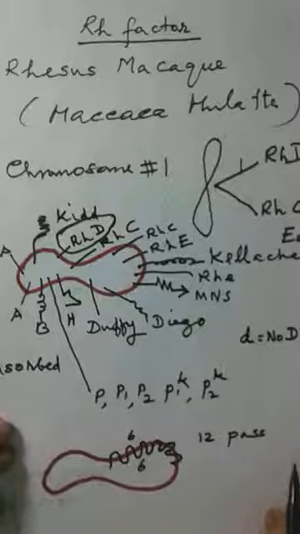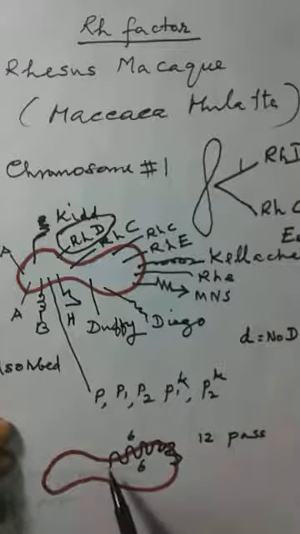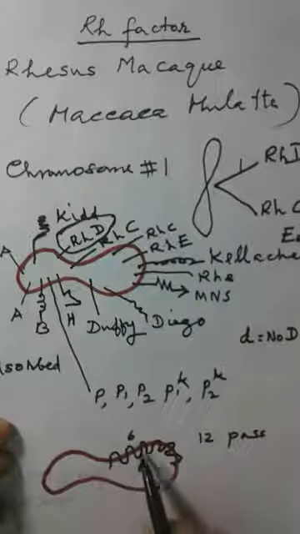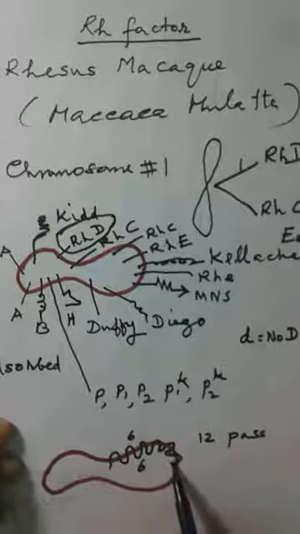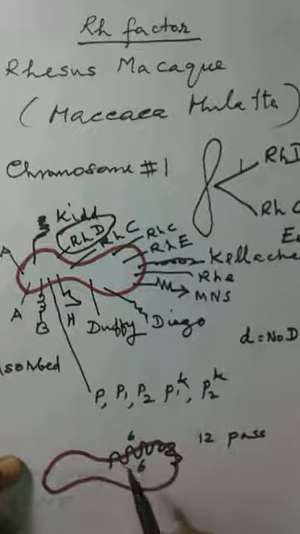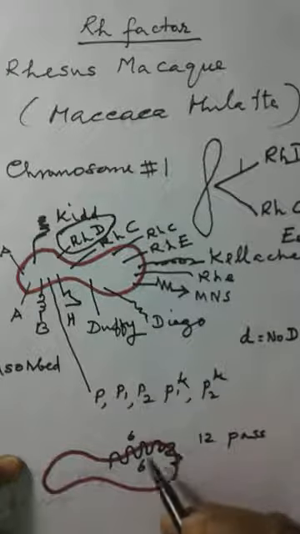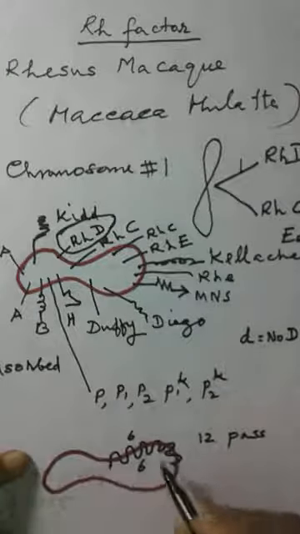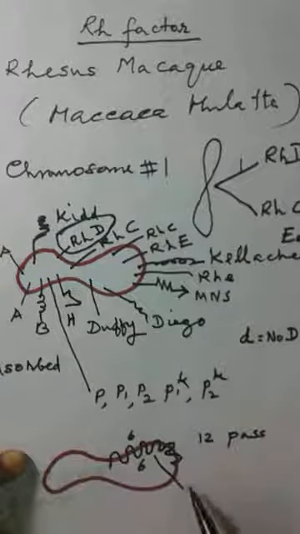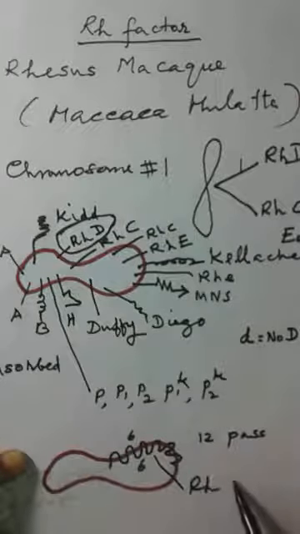So this is the structure. It is a 12-pass protein seen on the RBC surface. This is RHD.